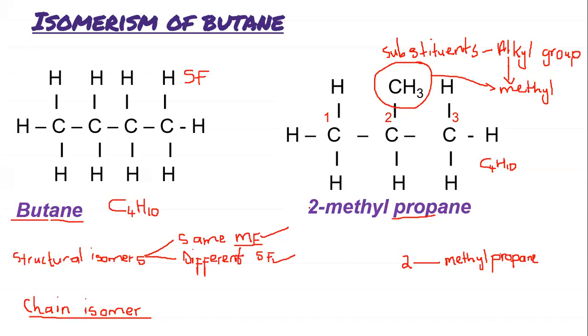Why are we saying 2? Because this methyl is attached to carbon 2 of the parent chain. So we call it a 2-methyl because we need to give the position of the substituent. Now, I can't actually leave it as a, let me just do this.